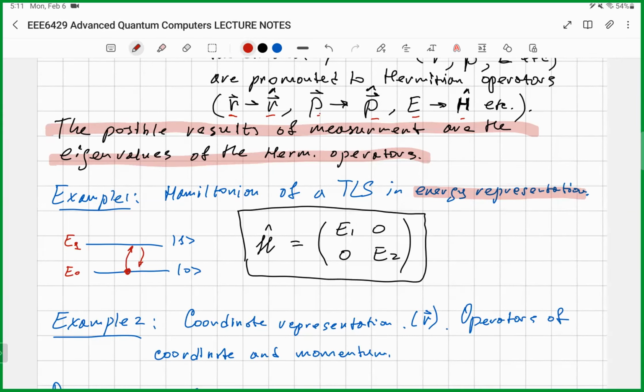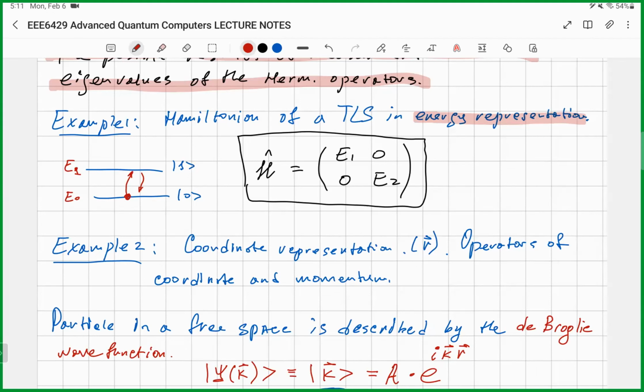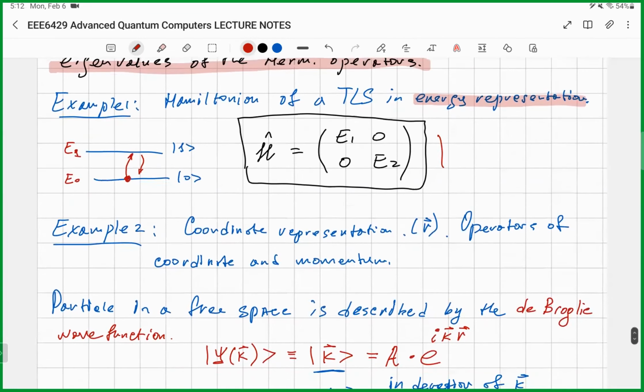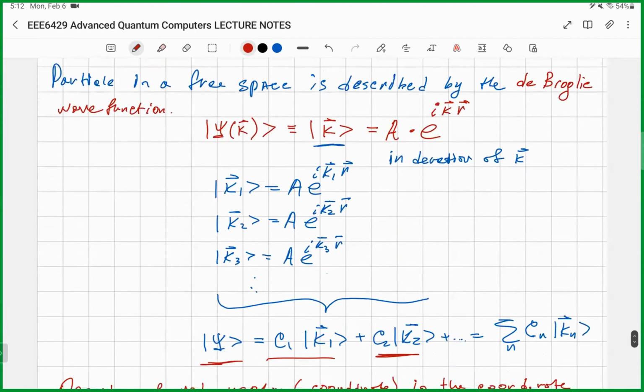For example, if you consider a two-level system, it is natural to represent the system in the energy representation, because in the energy representation, the Hamiltonian of this system will be just a 2 by 2 matrix with the energies of each single state at the diagonal elements, and the off-diagonal elements will be 0. Of course, I can describe the same system in the coordinate representation, and then it will be something more complicated.